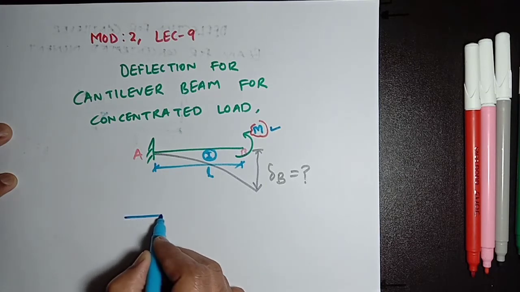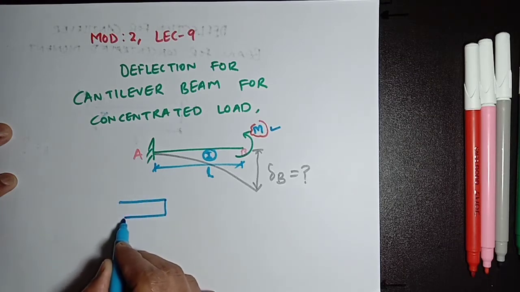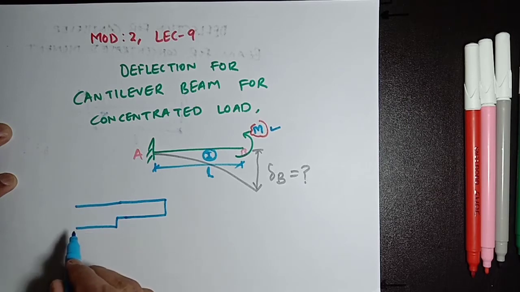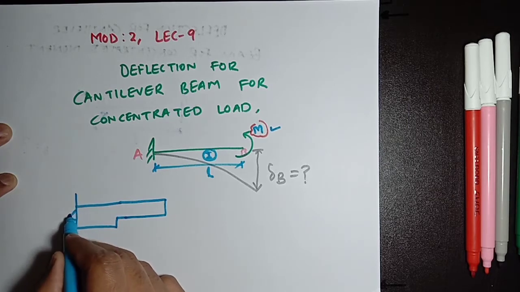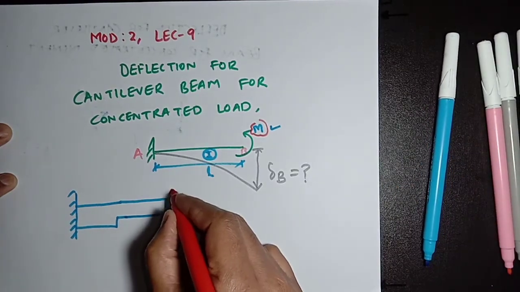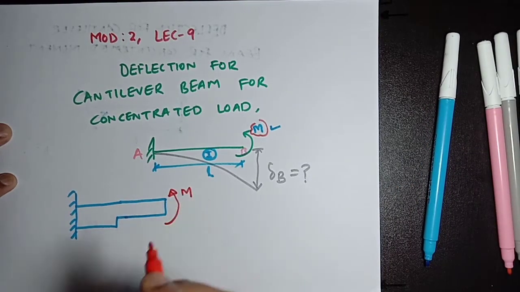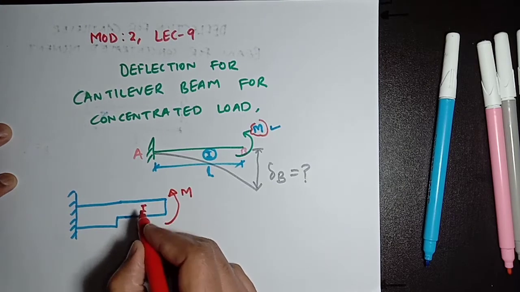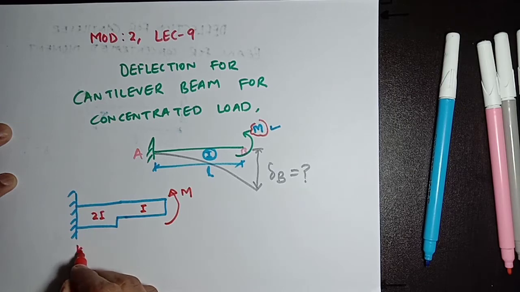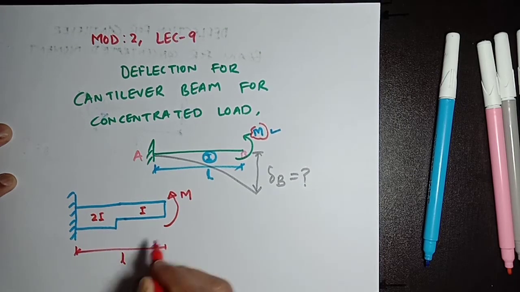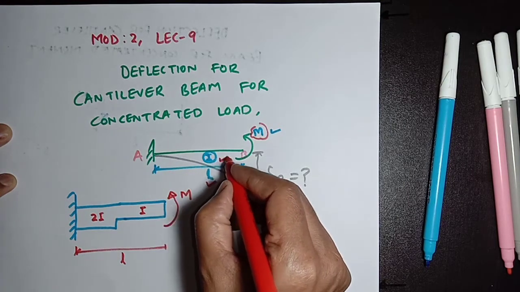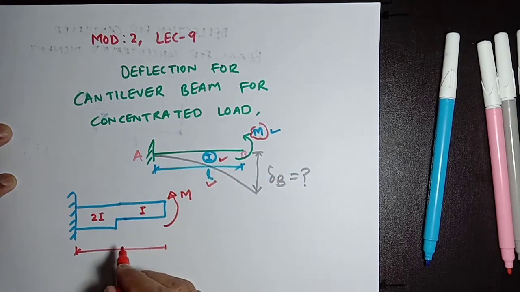There will be a moment M, but here the moment of inertia will be I, and here it will be 2I. And the total length of this beam will be L. But in the beam I am dealing with here, the moment of inertia is constant, I.